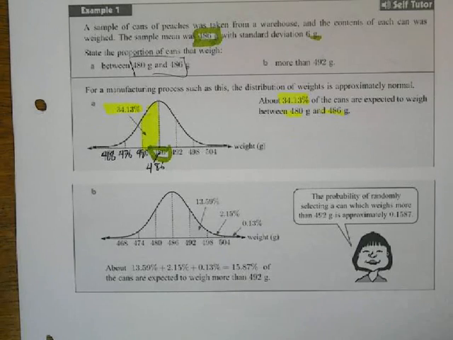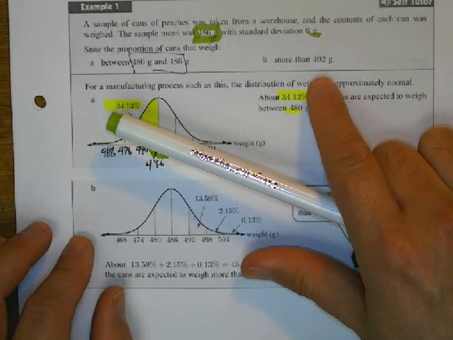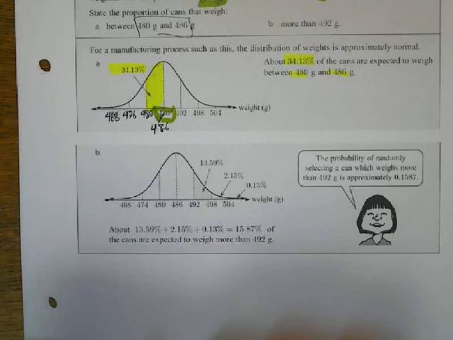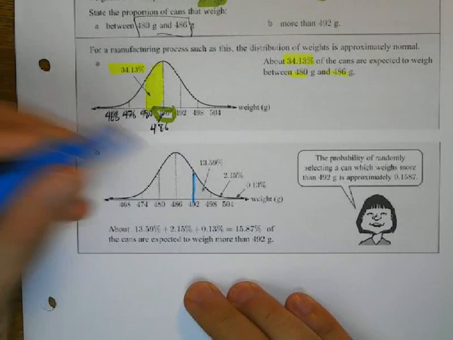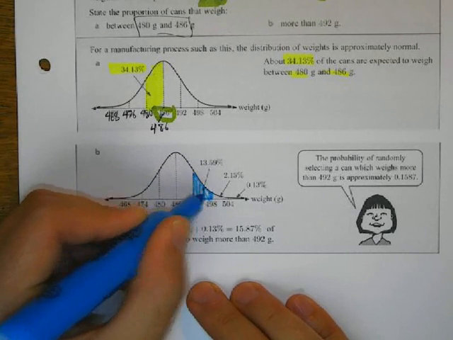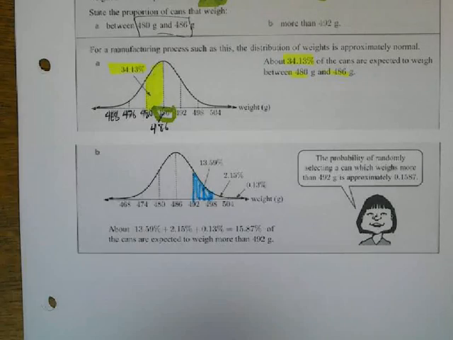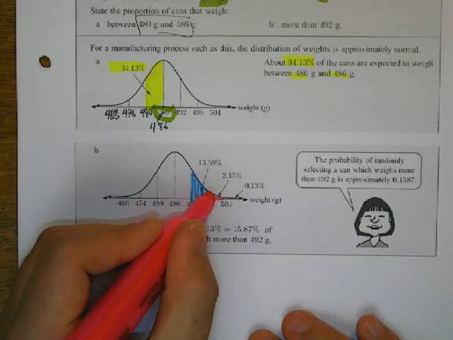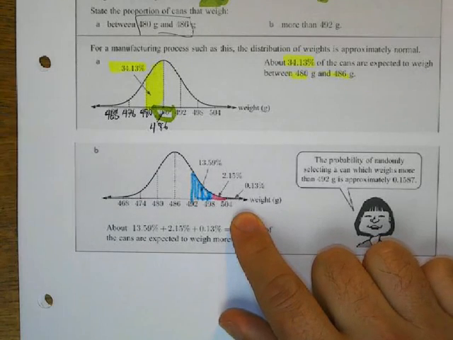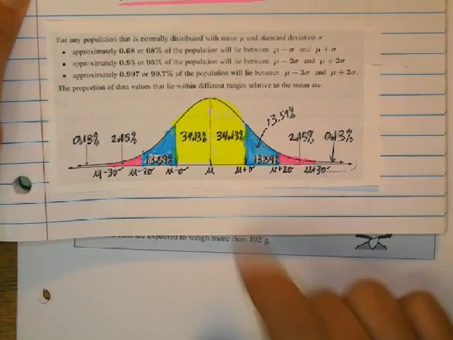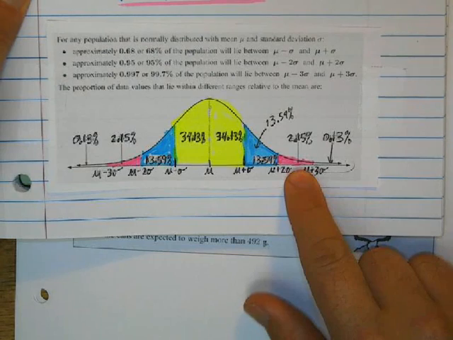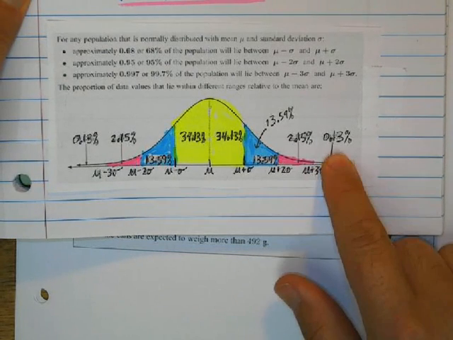Let's look at the next question. More than 492. So 492 is right here, and more than 492, I'm going to have this space here, and this space right here, and the little teeny tiny space here, right? Because as we mentioned here, the area of this space is 13.59%. The area of this is 2.15. The area of this is 0.13.